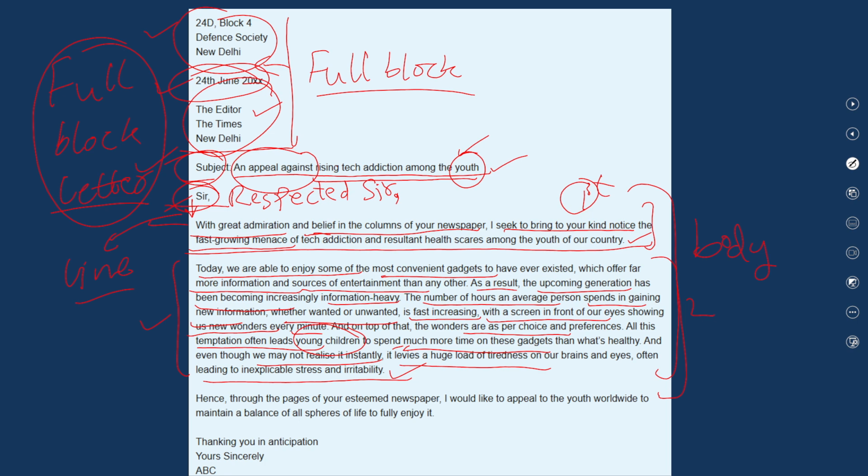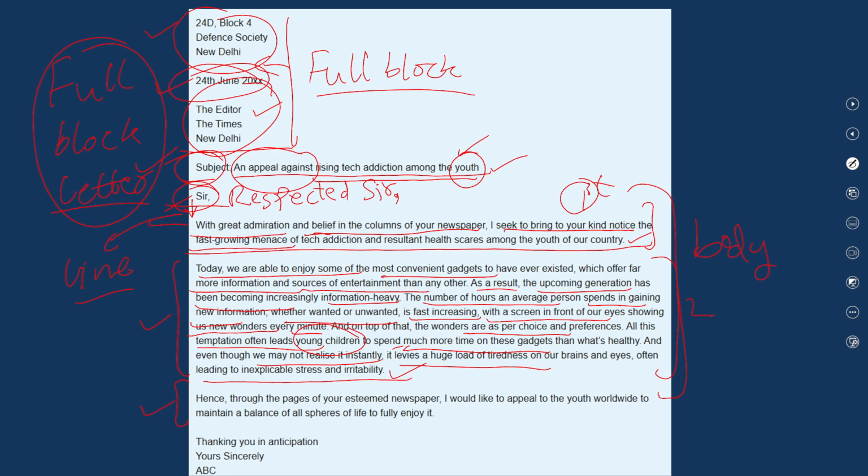So now we have mentioned the disadvantages of giving access to the youth, and they are addicted to the tech, they are addicted to the screen, and they are wasting their time, they are also affecting their health. So everything is mentioned over here.